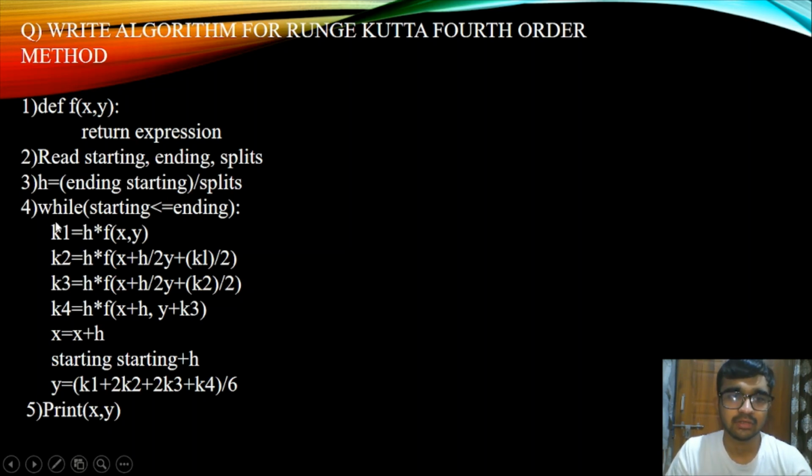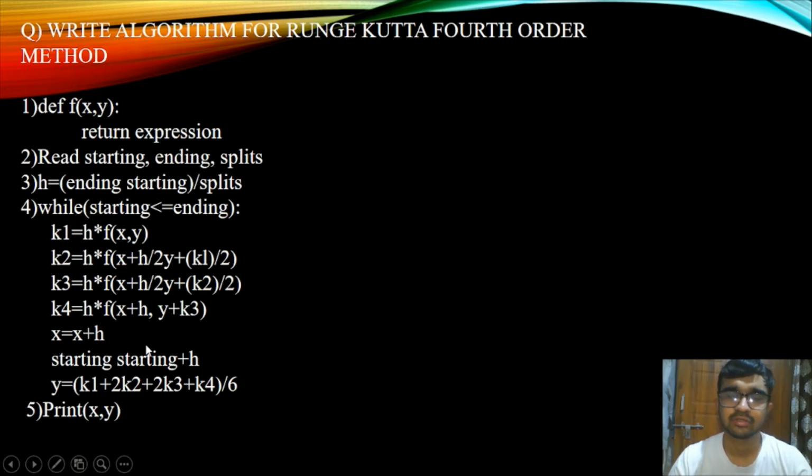Then we will run a while loop until our starting is less than our ending, and we would find our k1, k2, k3 and k4 by these formulas, and at last we will increment our x by h and starting by starting plus h, and we will calculate our y or k by k1 plus 2k2 plus 2k3 plus k4 by 6, and at last we will calculate our function values and print it simply.